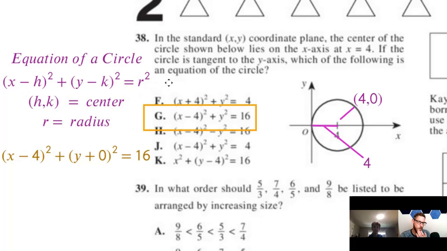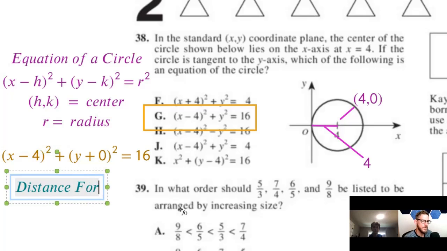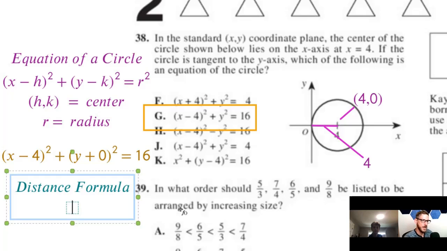And actually, what's interesting about it, do you know the distance formula off the top of your head? Actually, kind of, I think. Do your best shot. It's very similar to this one. Is it the same thing except without the squared?